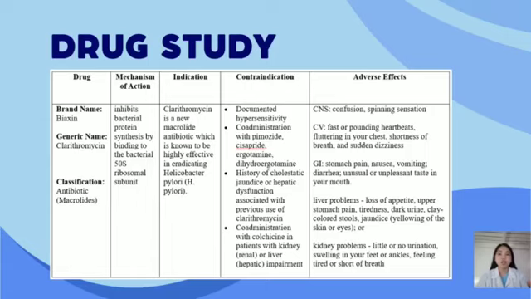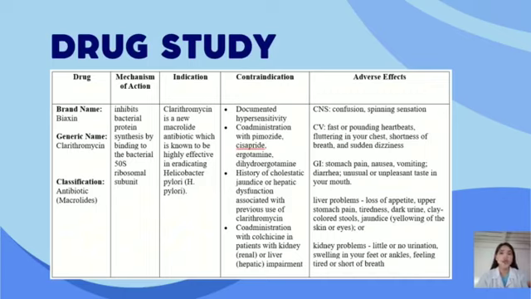Now, the second drug is clarithromycin, under the classification of antibiotic or macrolides, and it inhibits bacterial protein synthesis by binding to the bacterial 50S ribosomal subunit. This drug is known to be highly effective in eradicating Helicobacter pylori or H. pylori.